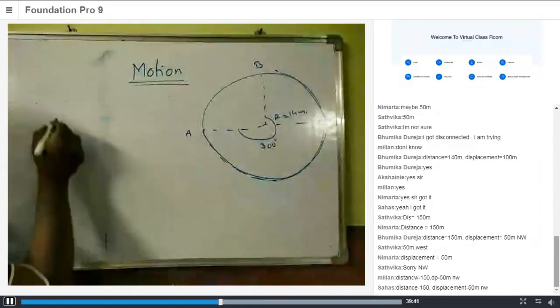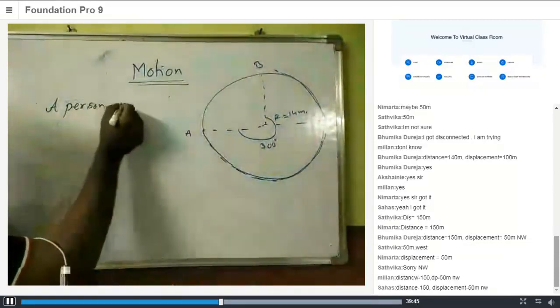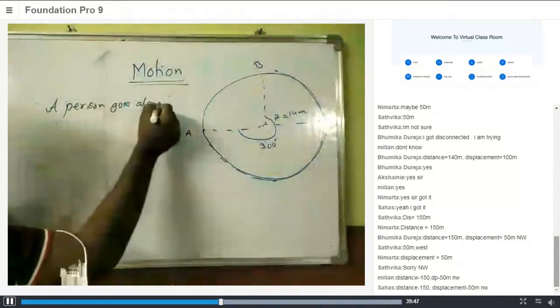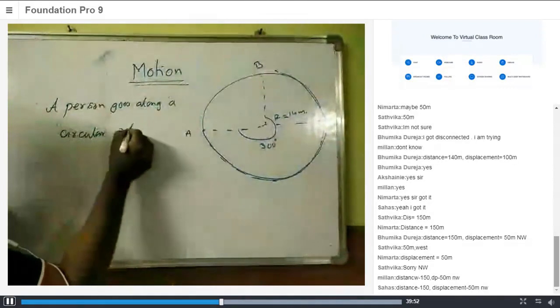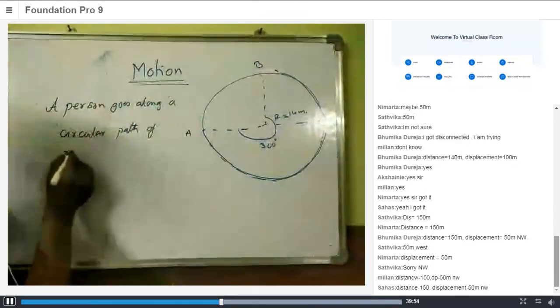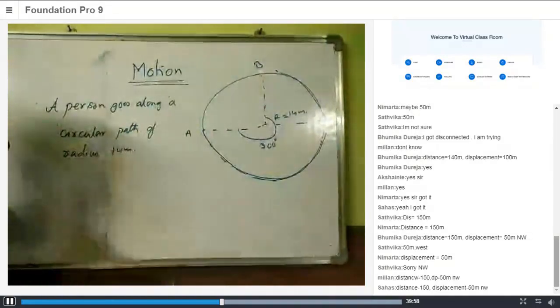So a person goes along a circular path of radius 14 meters, right?